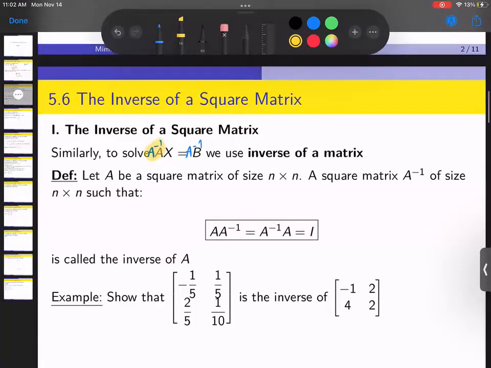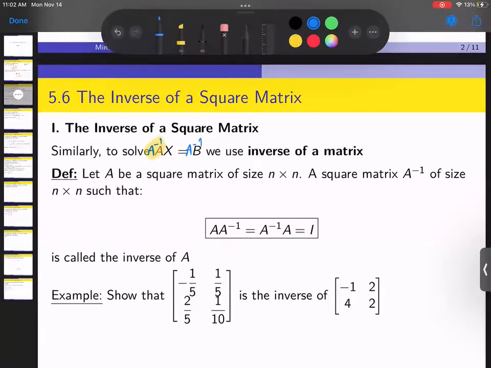Now, let me give you a little note. In general, matrix multiplication is not commutative.